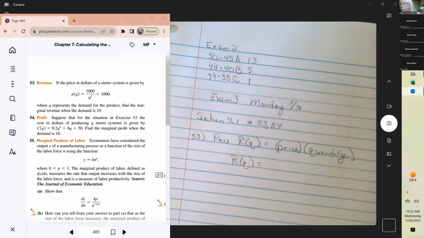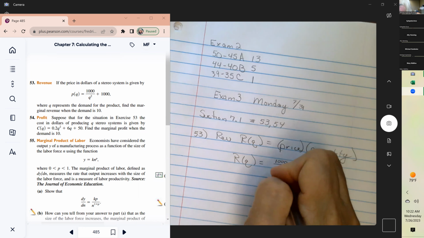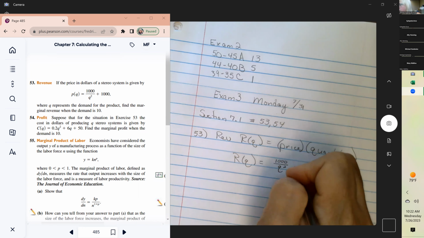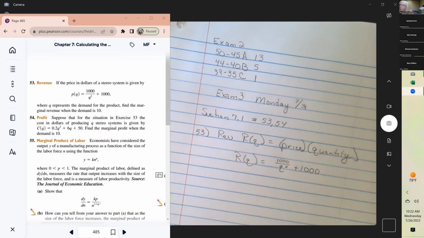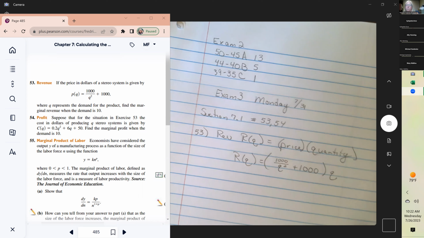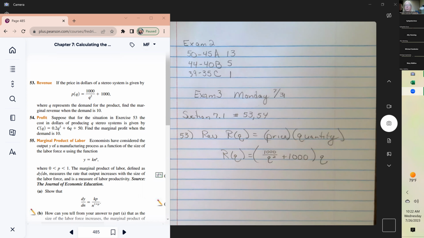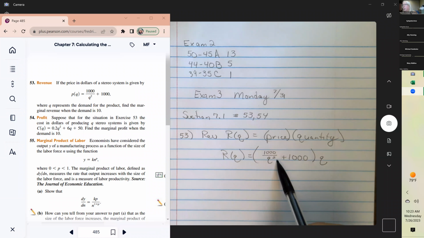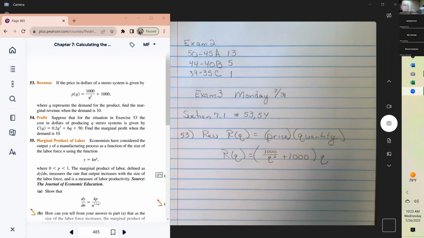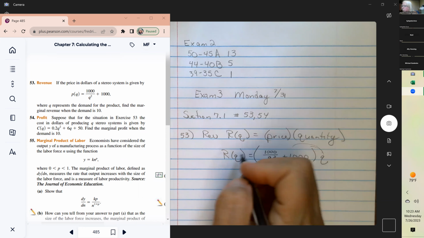That's our P of Q. So that's our price, and quantity is Q. Any questions on that? We did not learn the product rule yet, so in order to take the derivative, we would need to distribute.